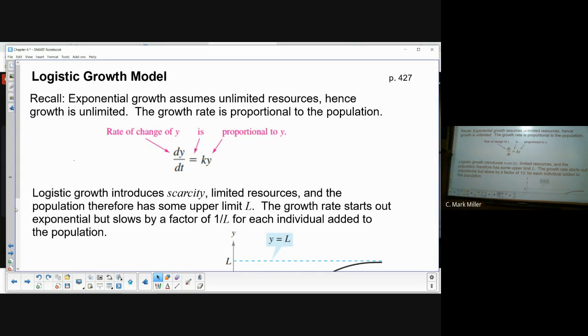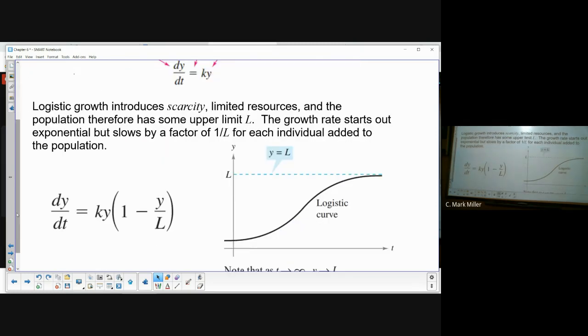Now, what this means, and this seems like a reasonable real life assumption, is that if my backyard is a closed ecosystem, no rabbits go in or out, no predators go in or out, if that were the whole universe, there's a maximum number of rabbits that can live back there. I don't know what it is. It may be 4,002. It might be 4,000,002. But there's a maximum number of rabbits.